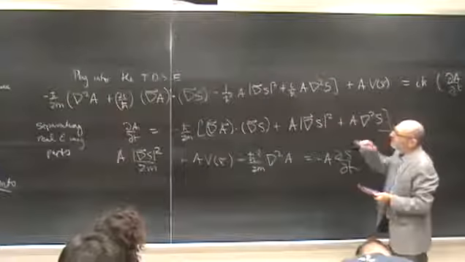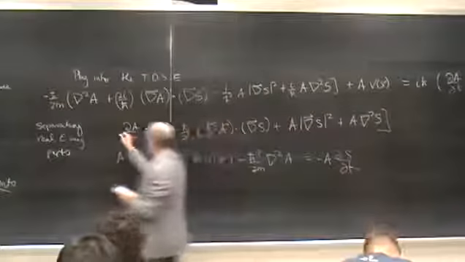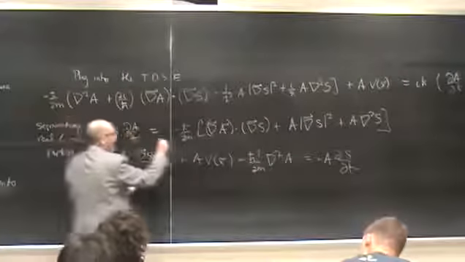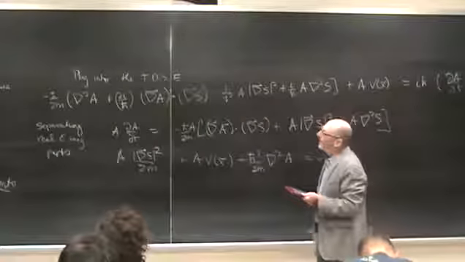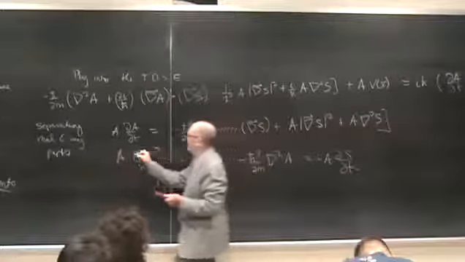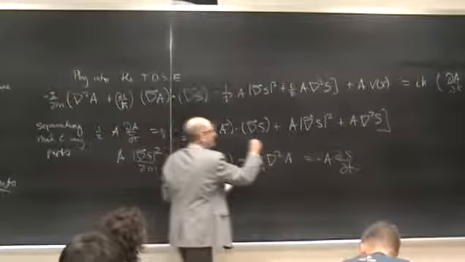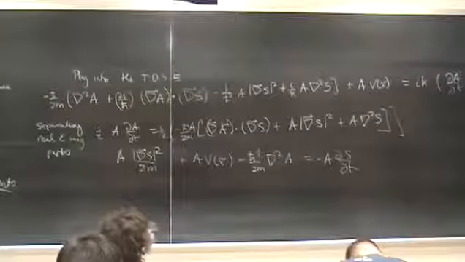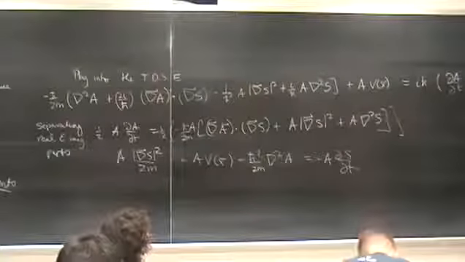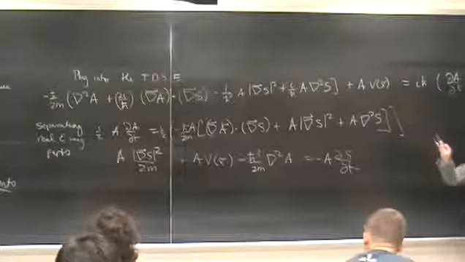And so what I'm going to do in this equation is multiply both sides by A, and then divide by 2. And here's what I do. Shouldn't that be over h bar? Possibly. You can put in all the h bars afterwards. I'm not going to worry about the h bars.